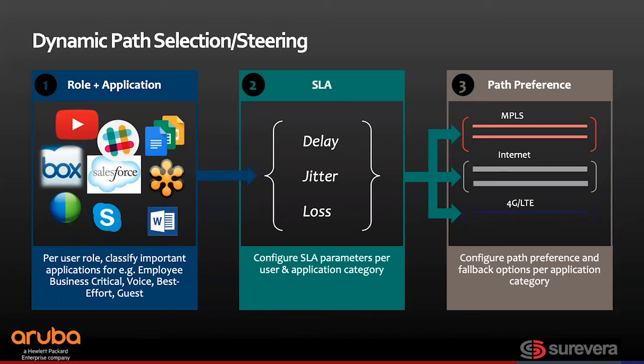We're looking at Salesforce and we're trying to communicate out to some users, and we start to see a bit of delay, jitter, or packet loss. We are now going to change our path. Say originally we were going out the 4G link because it was our best one at the time, but we start to see more jitter. We're then going to move it over to the internet link and say we now think this is our better link based on our SLAs, and be able to get better user experiences.